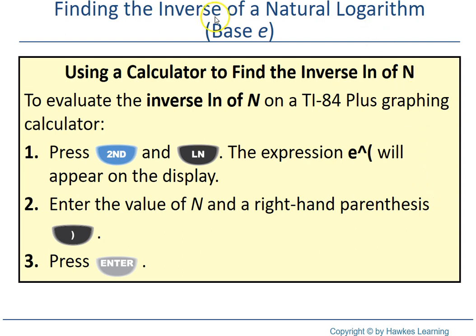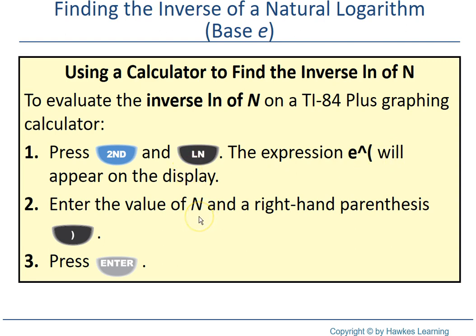Now we can also use the inverse of the natural log. Now remember, if you're using exponential notation, you would use the inverse. If you're using logarithmic notation, you use the straight logarithmic form. So this is similar to what we did before. You're going to hit second, natural log, then E with a caret will appear.